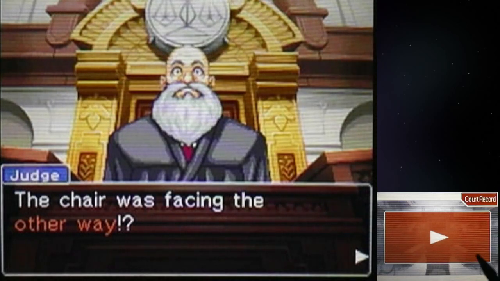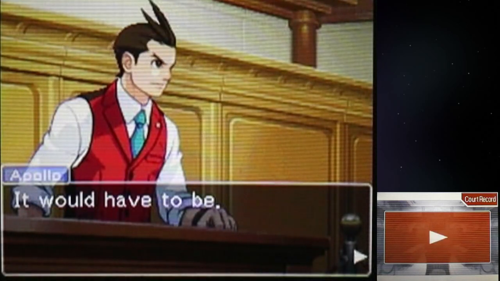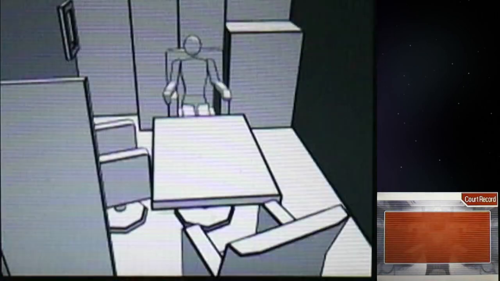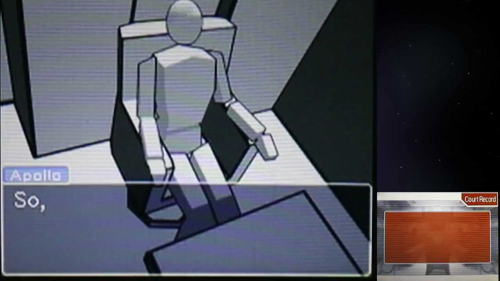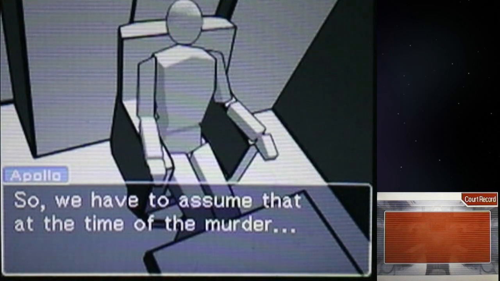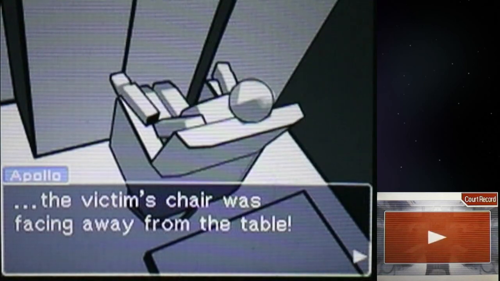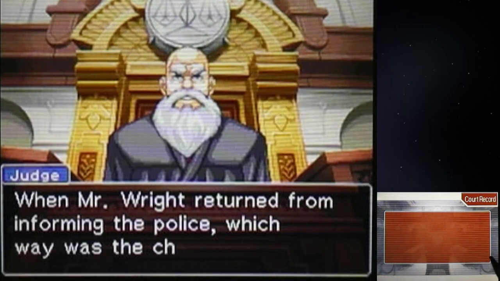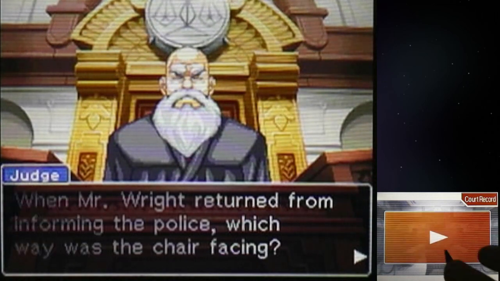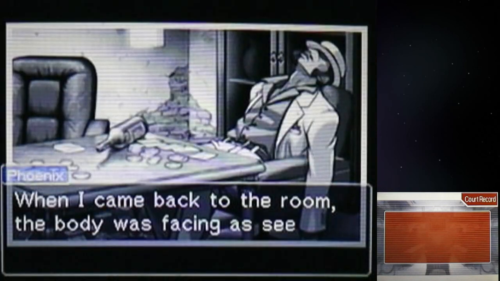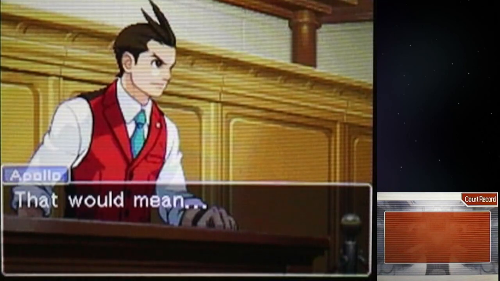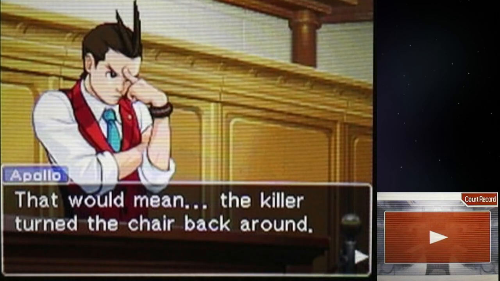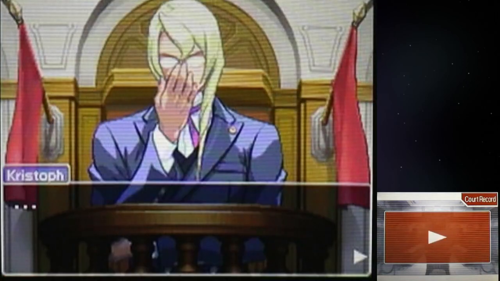The chair was facing the other way. It would have to be. So we have to assume that the victim's chair was facing away from the table. When Mr. Wright returned from informing the police, which way was the chair facing? When I came back to the room, the body was facing as seen in this photo. That would mean the killer turned the chair back around.